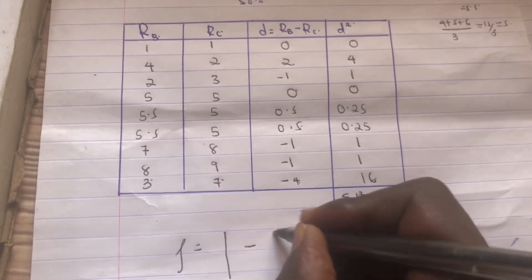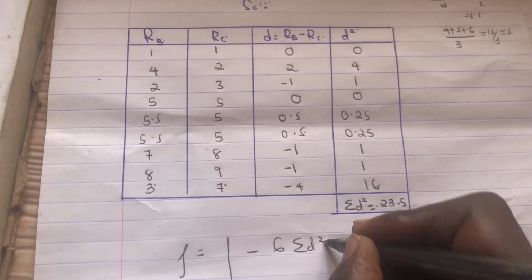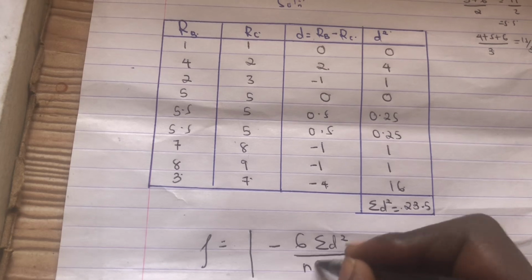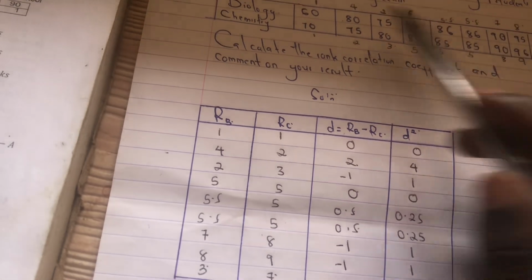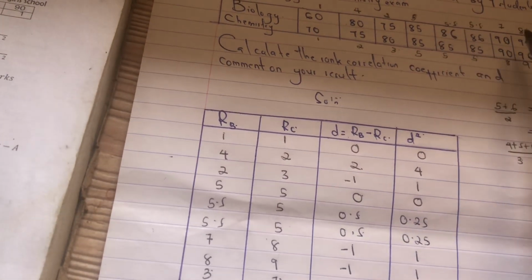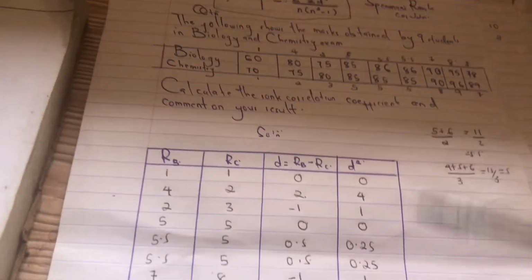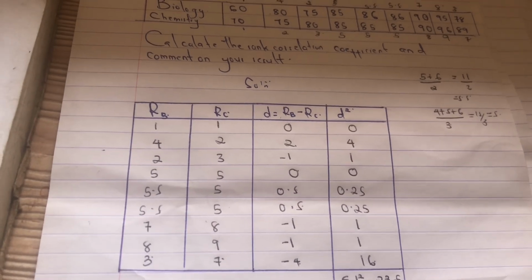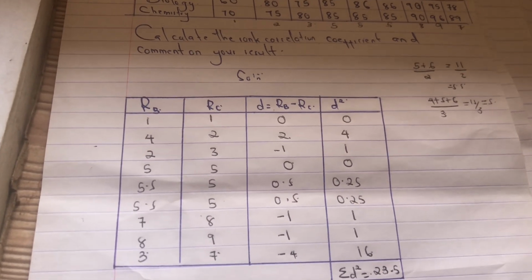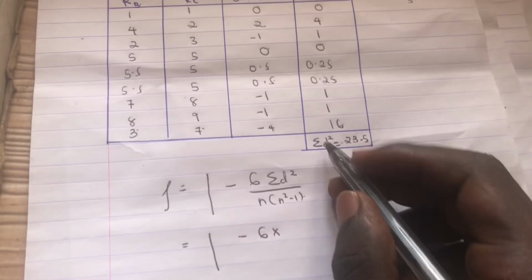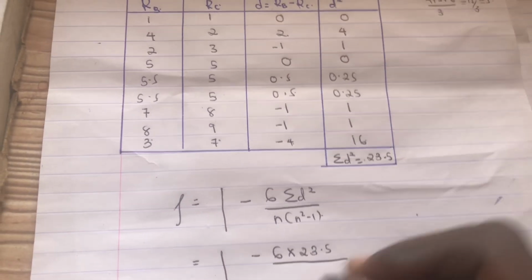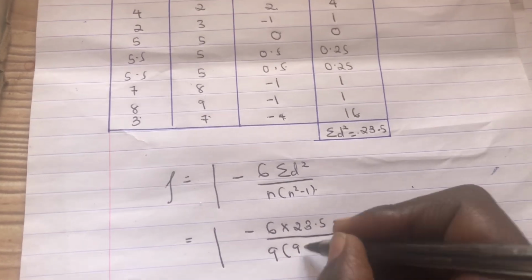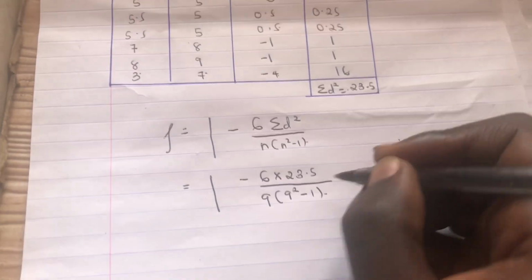So after getting that answer of 23.5, remember our correlation that we are looking for is 1 minus 6 times summation of d squared over n into n squared minus 1. Remember our n is the number of students. 1, 2, 3, 4, 5, 6, 7, 8, 9. So our n is 9. So it's 1 minus 6 times our summation of d squared, which is 23.5, over 9 into 9 squared minus 1.